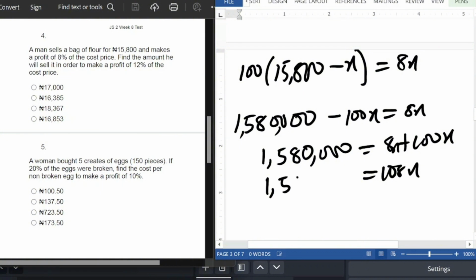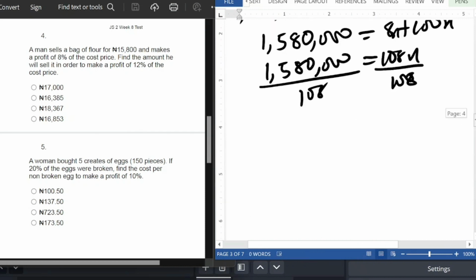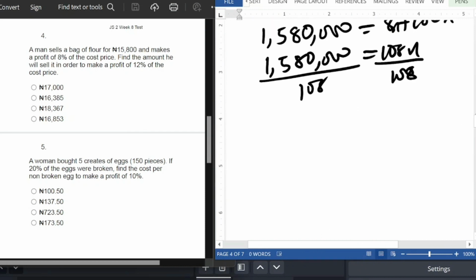1,580,000 equals 108x. We divide both sides by 108, so that is 1,580,000 divided by 108.